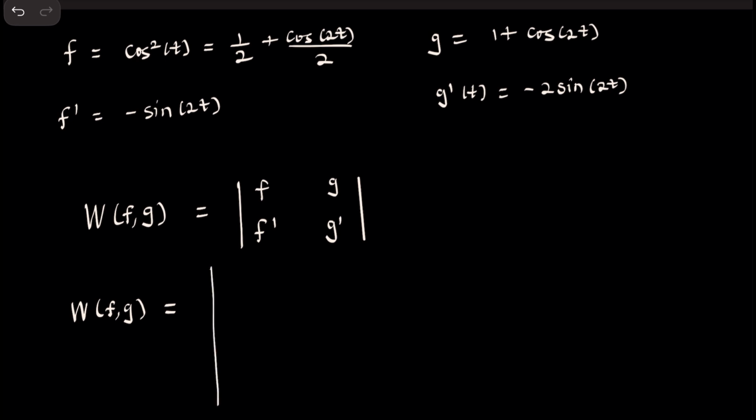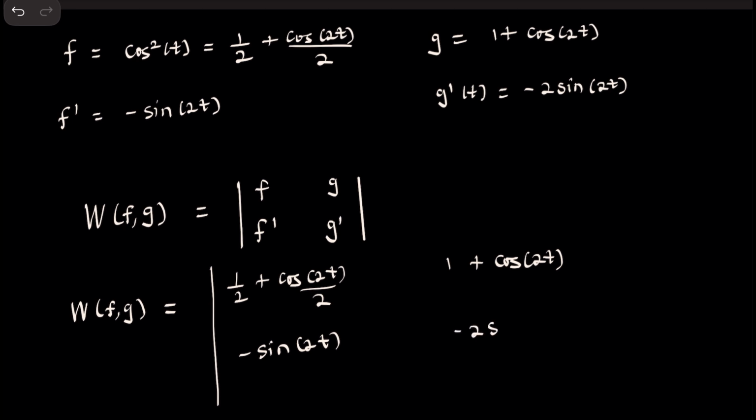And so we are going to have f, which is 1/2 plus cosine of 2t divided by 2. Then g is giving us 1 plus cosine of 2t. f prime is minus sine 2t, and g prime is minus 2 sine of 2t.